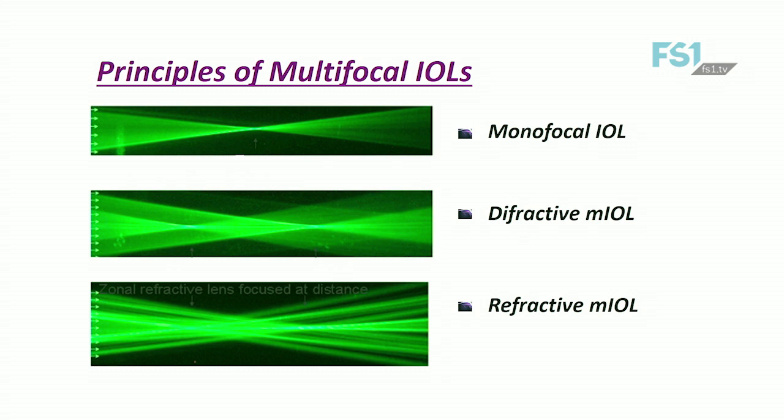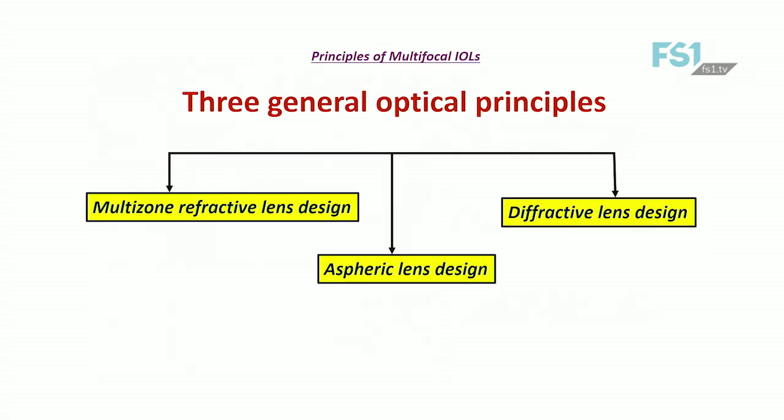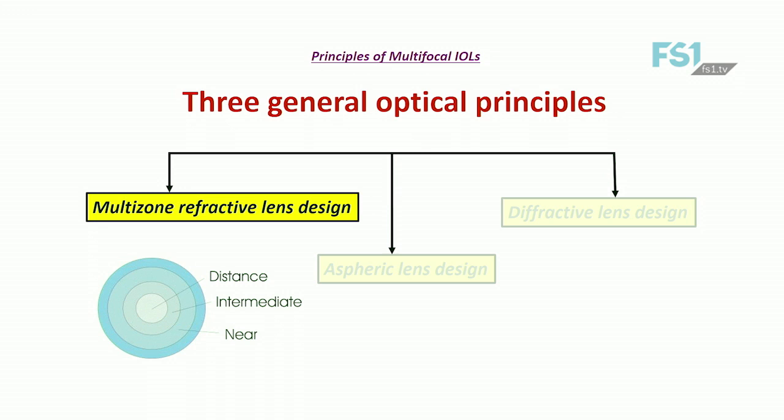When we talk about multifocal IOLs, there are two kinds, as we can see here: diffractive and refractive. The general optical principles of multifocal IOLs are that this IOL provides a multi-zone refractive lens design, an aspheric lens design, and there is also another type, a diffractive lens design. What is the multi-zone refractive lens design? This lens design provides 3 different zones.